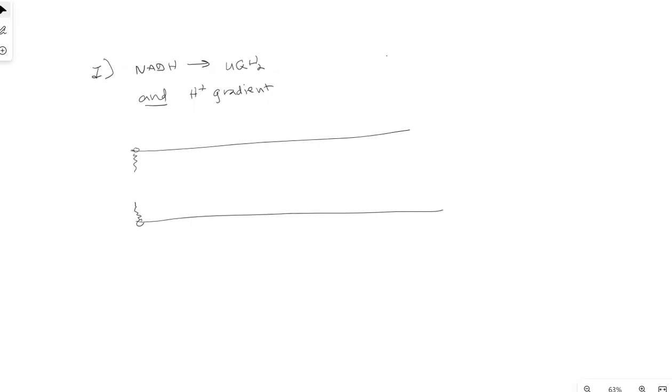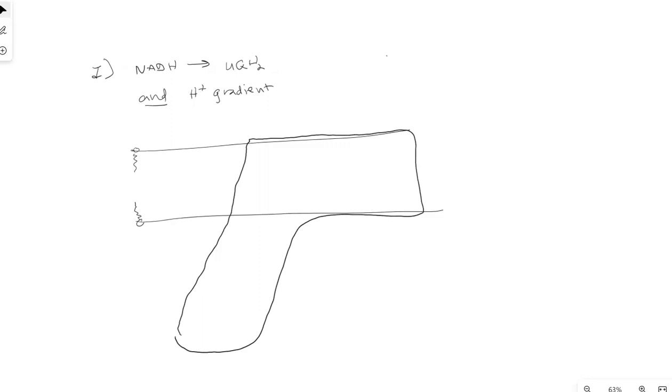If we were to illustrate complex 1, it would look something like this. Where we have a region which lays outside of the membrane, and we have a substantial section which is integrated into the membrane.